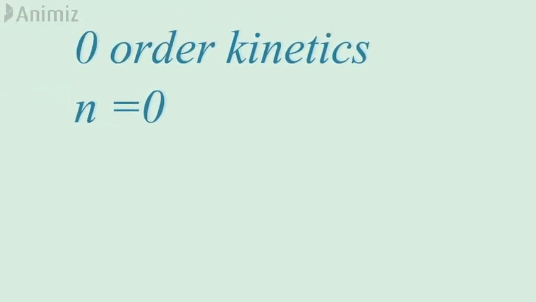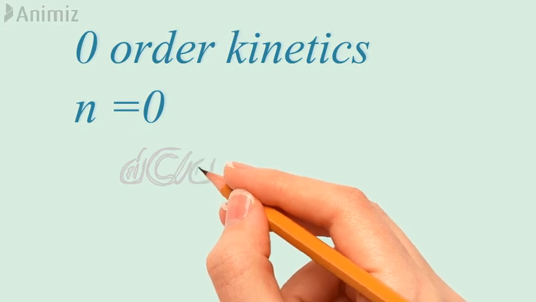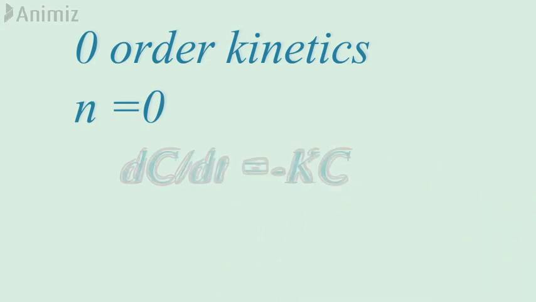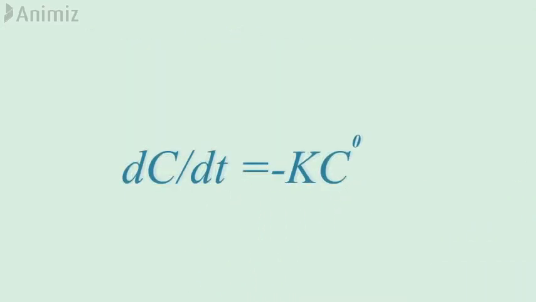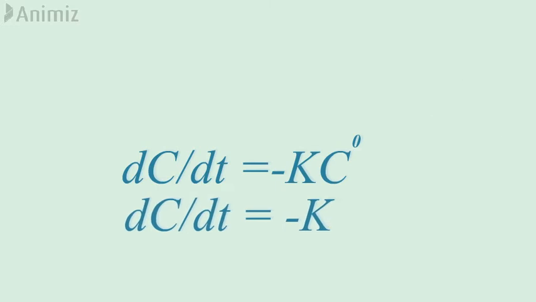Then let's check zero order kinetics. In the equation we stated above, if n equals 0, dc by dt equals minus k c raised to n becomes dc by dt equals minus k, where k is the zero order rate constant.